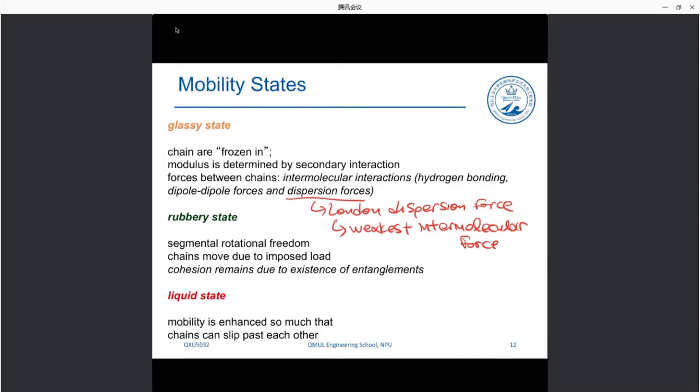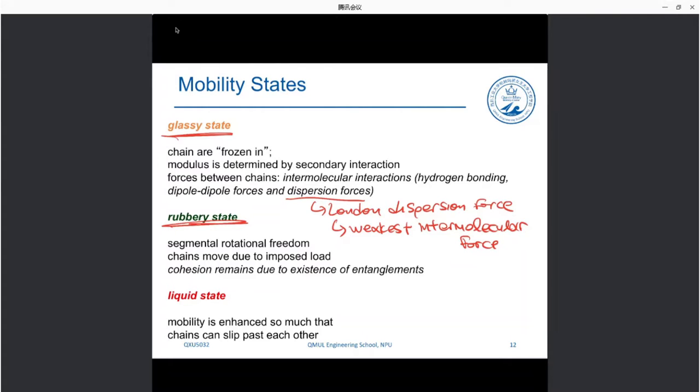Then from the glassy state, we pass on to the rubbery state. We have segmental rotational freedom. We have the chains moving, but still the entanglements haven't completely disappeared. The chains are entangled but moving.